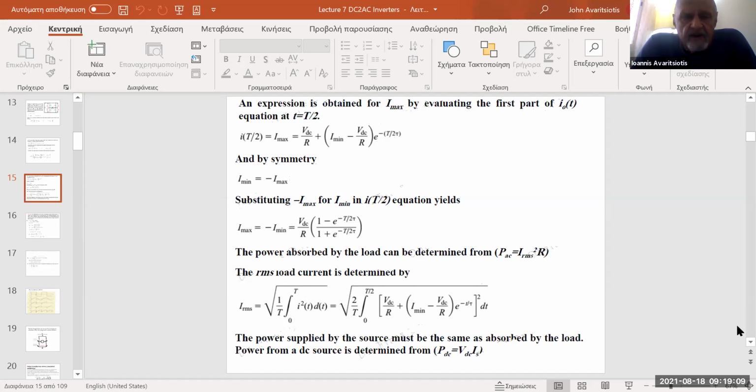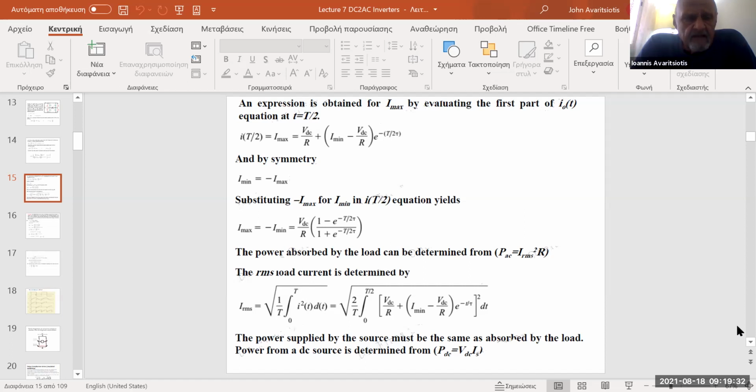And so finally, we substitute i square of t in this equation, and we obtain, as you can see, a formula from which we can calculate the RMS value of the current flowing through the resistive part of the load.